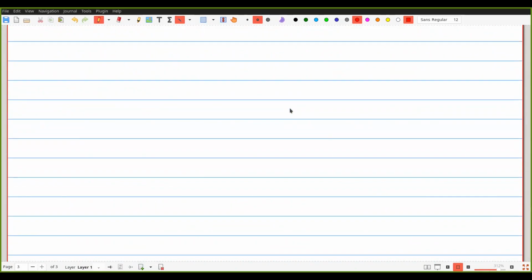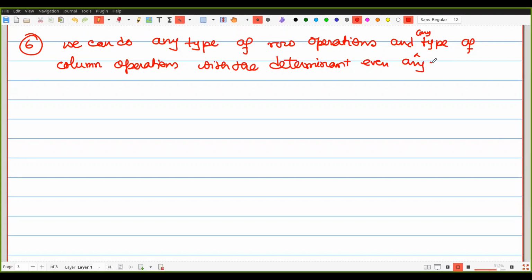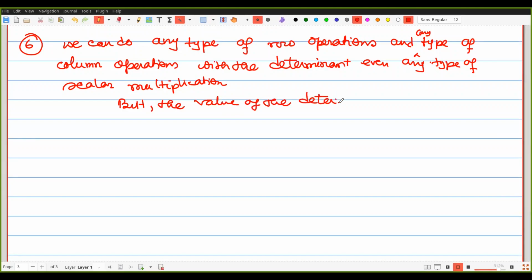Now the sixth property, and sixth property is we can do any type of row operations and any type of column operations with the determinant, even any type of scalar multiplication, but the value of the determinant remains unaltered.